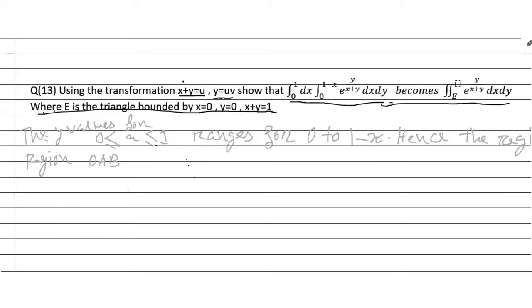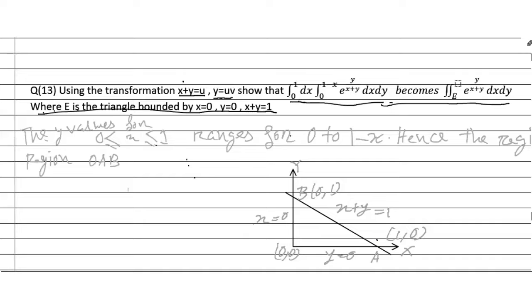So friends, I will draw the axis. It should be this type of problem. So 0, 1, x plus y equals to 1, and 1, 0. So it is x equals to 0, it is y equals to 0.